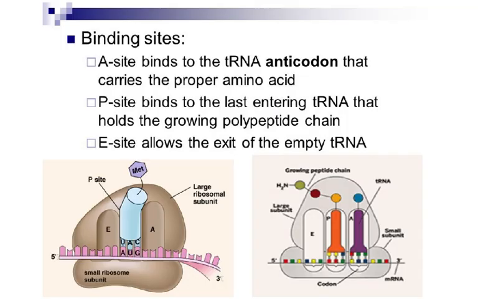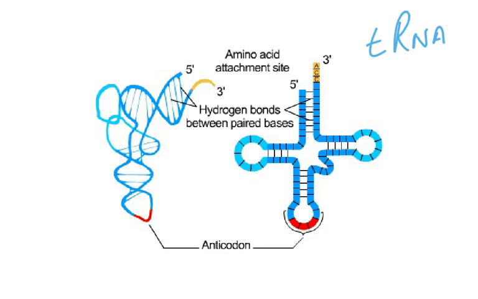Now the A site binds to the tRNA anticodon that carries the proper amino acid. The P site binds to the last entering tRNA that holds the growing polypeptide chain. And the E site allows the exit of the empty tRNA. So I just wanted you to know this sequence, and this is how it is going to be done in the translation process.